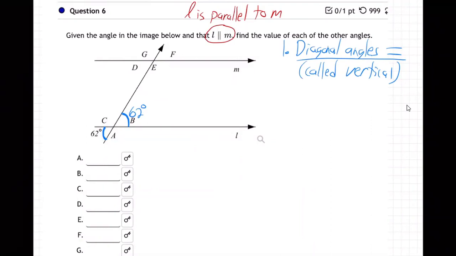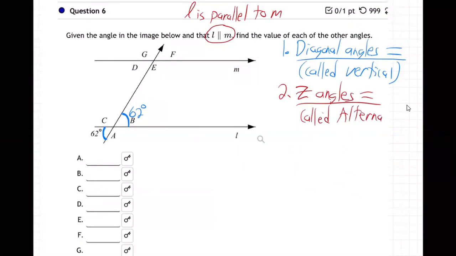So now we need another fact. The second important fact is that Z angles are equal, and they're called alternate interior. That's the fancy geometry word.